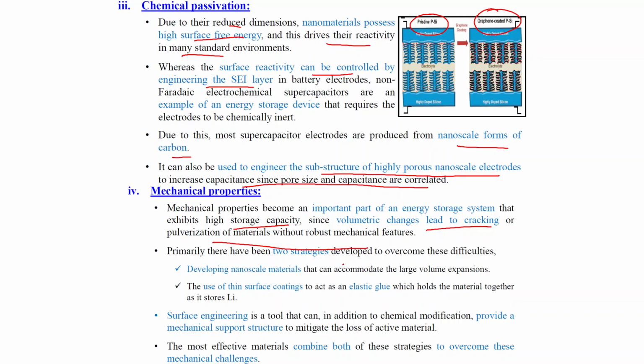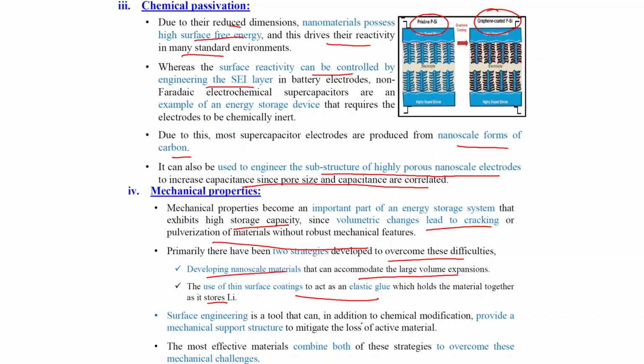So there are two strategies to overcome these difficulties: developing nanoscale materials that can accommodate large volume expansion, meaning shrinkage and expansion can take place easily, and the use of a thin surface coating which will act as an elastic glue that holds the material together as it stores the lithium ion.